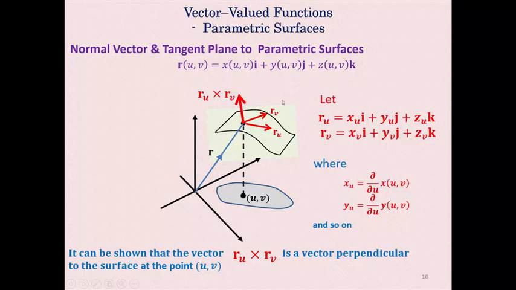These are obtained by partially differentiating the component functions. R_u obviously will be to differentiate these three component functions x, y, z with respect to u. Same for R_v, this time with respect to v. It turns out that the cross product of these two will give us a normal vector to the tangent plane.